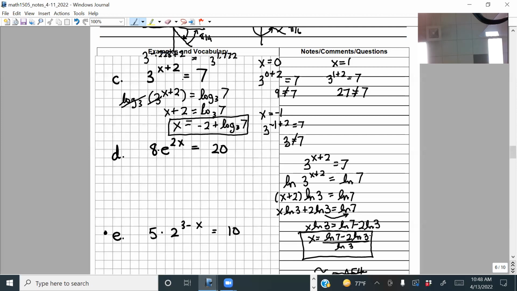There were several steps, but what was the key one that really unlocks this problem for us? Moving it to the front, Amanda, that's right. But what did we do first before we were able to move the x plus 2 down to the front? I couldn't just do that immediately, right? Now, what did we have to do first?